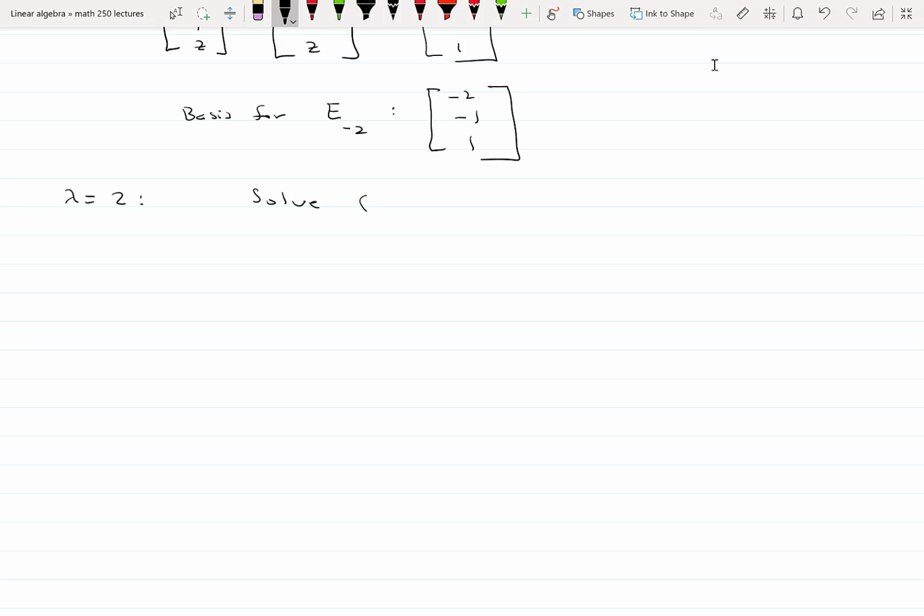So we are going to solve 2I minus A times x equals 0. Those x's, capital X's in this equation, those are my eigenvectors. So we're going to need 2I minus A as a coefficient matrix. So 2I is a diagonal matrix, 2's everywhere along the diagonal, 0's everywhere else.